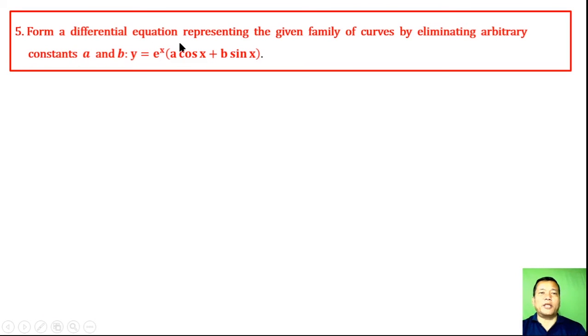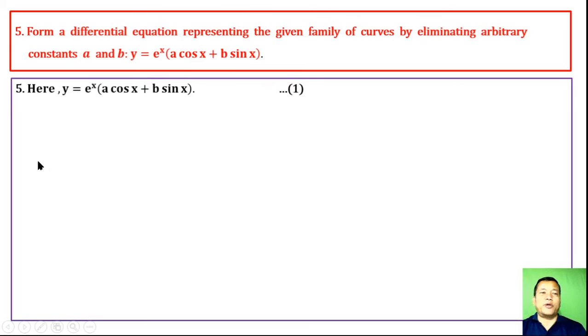5. Form a differential equation representing the given family of curves by eliminating arbitrary constants a and b. y equals e to the power x times (a cos x plus b sin x), which is equation 1.